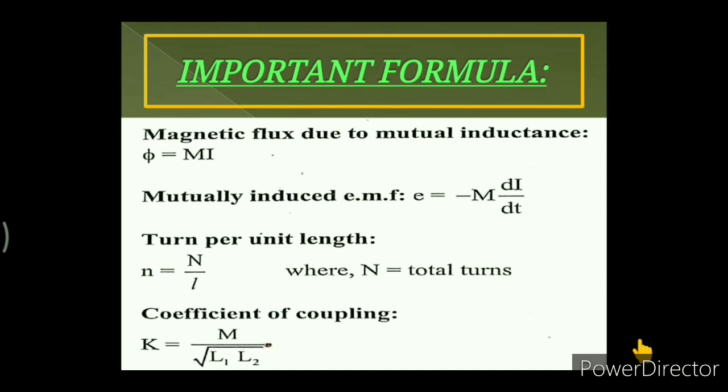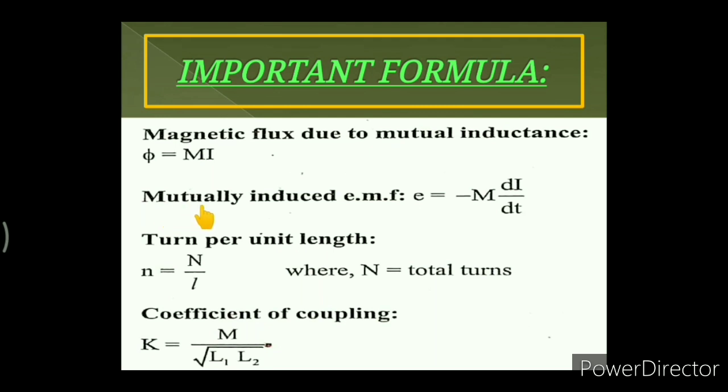And hence, here we can write that the magnetic flux linked with the coils is directly proportional to the current I in it, and that's why we can write phi is equal to MI, where M is said to be the coefficient of mutual inductance.